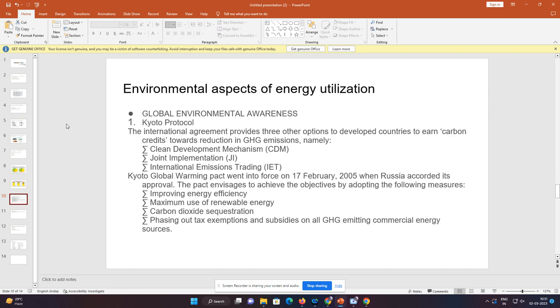Coming to the next topic, environment aspects of energy utilization. Energy conservation and environment are interrelated. With the increase in electric power generation, environmental degradation has become a serious problem.